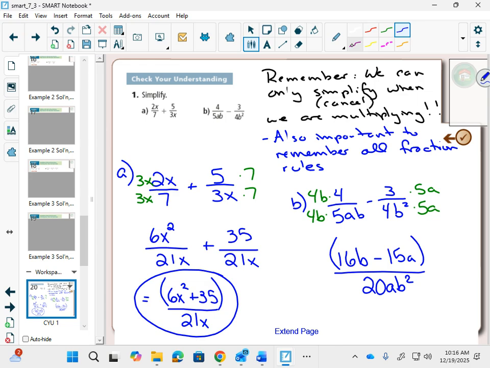And unless there's an identical thing in the bottom, you cannot cancel it out.